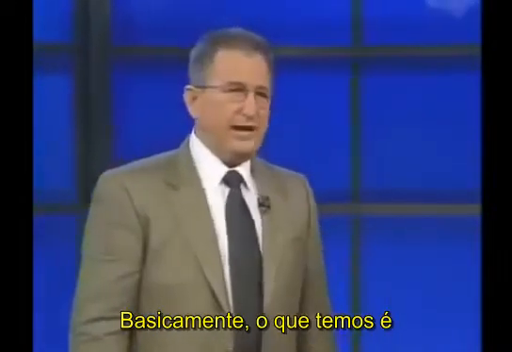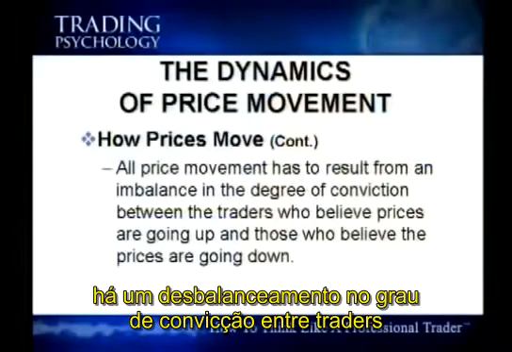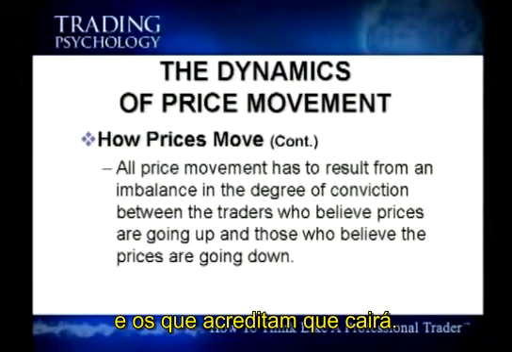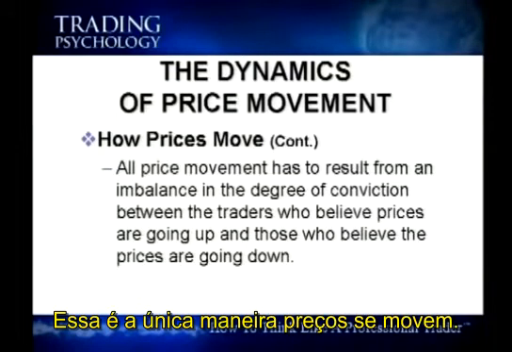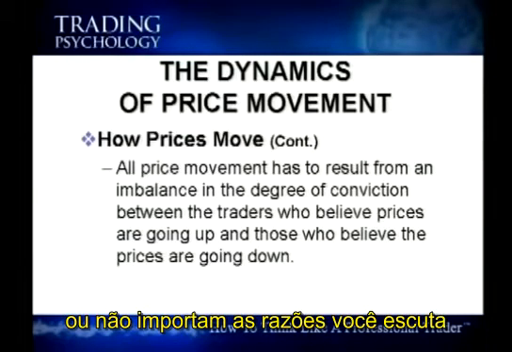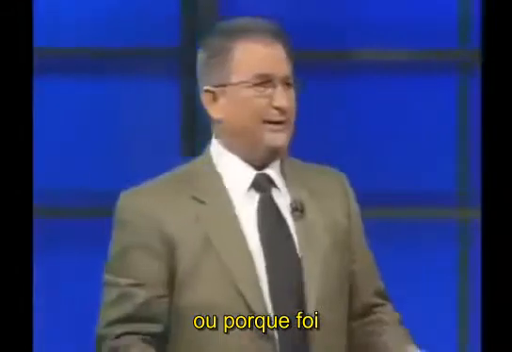So basically all price movement has to be a result of an imbalance in the degree of conviction between the traders who believe that prices are going up and those who believe that it's going down. That is the only way that prices move. It doesn't matter what reasons people tell you about why they did what they did, or what reasons you hear on CNBC or wherever about why the market went the way that it went.